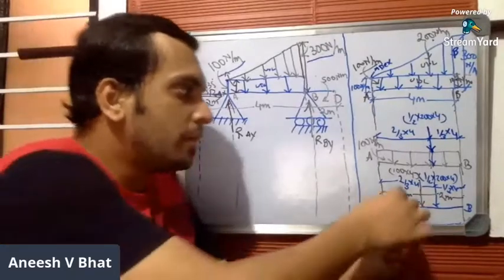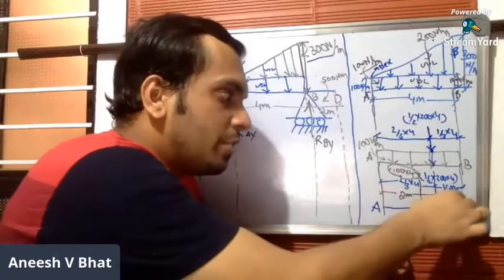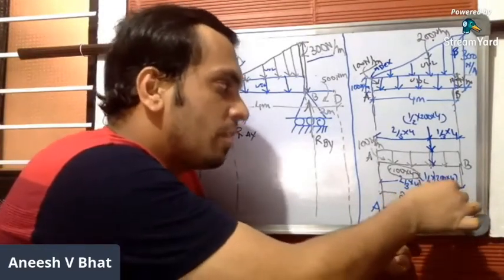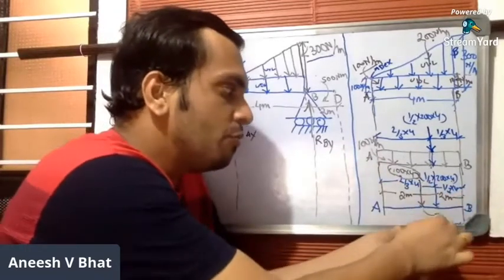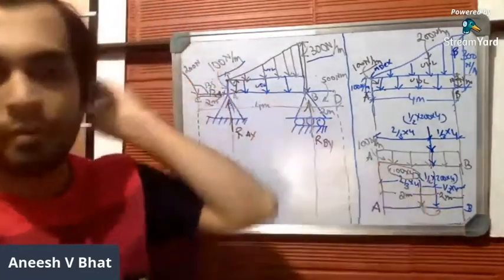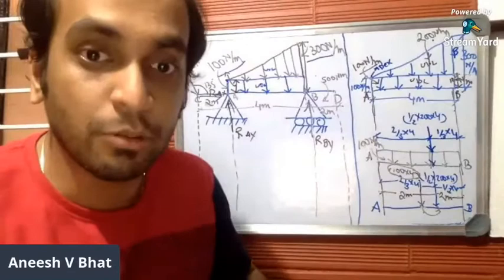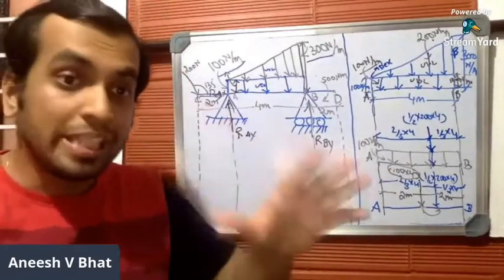This is one of the point loads with 100 into 4, which acts exactly at the center, 2 meters and 2 meters. This is the other point load with the magnitude half into 200 into 4, which acts at a distance of 2/3 from the apex and 1/3 from the base. These are the 2 point loads which you get from the combined loading system. This is how you get them. So you have converted. I hope you are clear with the conversion.